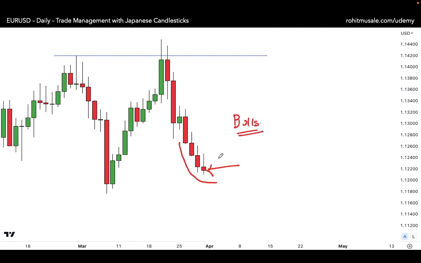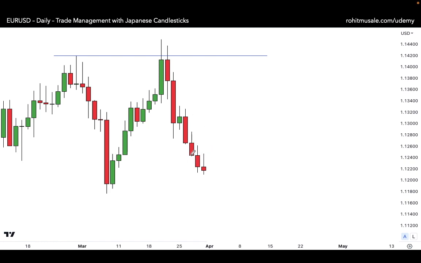This is, by the way, not an inverted hammer, because it has a slightly longer lower shadow. I will discuss the inverted hammer in some other video. There are many conditions that need to be satisfied before you confirm the occurrence of an inverted hammer. Anyways, the bulls are coming back into the market, so you have to become even more cautious.